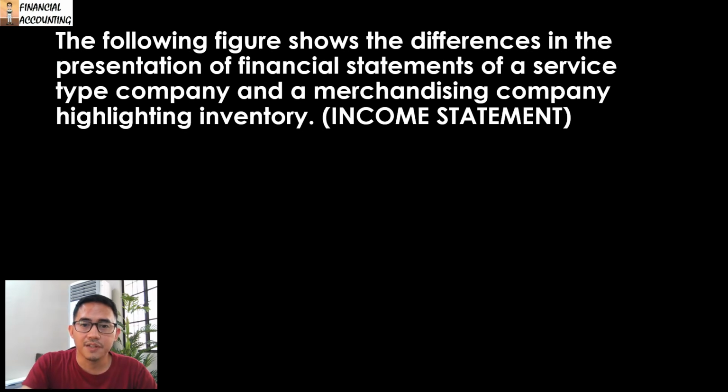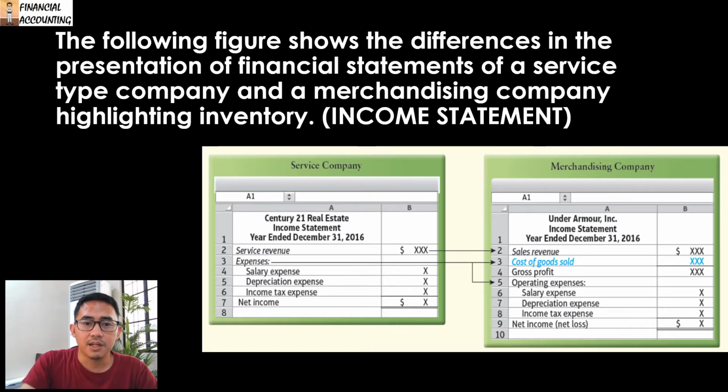Okay, so the following figure shows the difference in the presentation of financial statements of a service type company and a merchandising company, of course highlighting inventory. On the left side is a service type company, and on the right side is a merchandising type company.